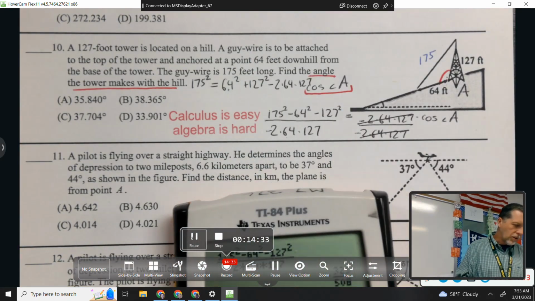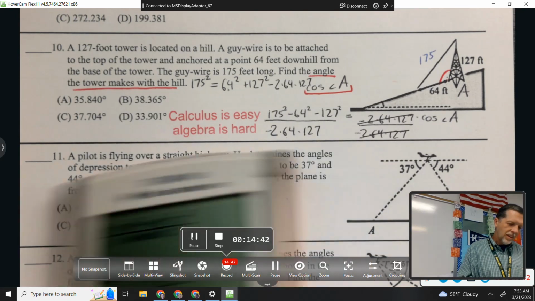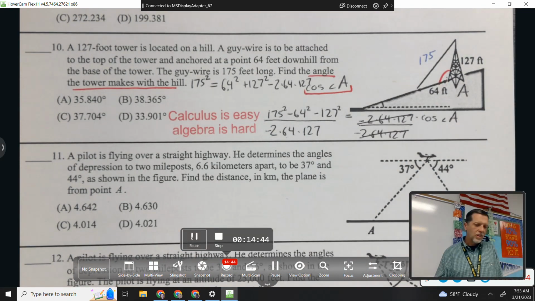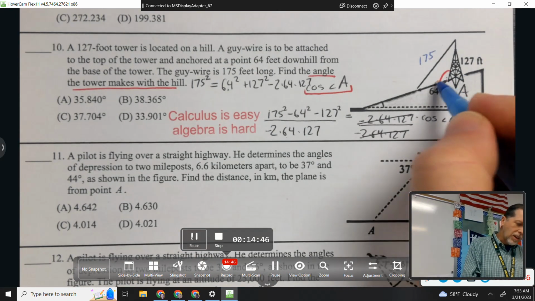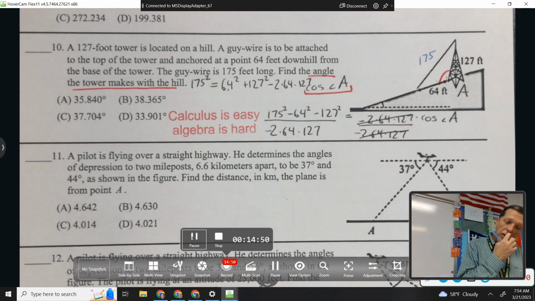Uh-oh. Find the angle the tower makes with the hill. Well, I'm glad we picked this one to do. The tower with the hill. Does it want the small angle over here?